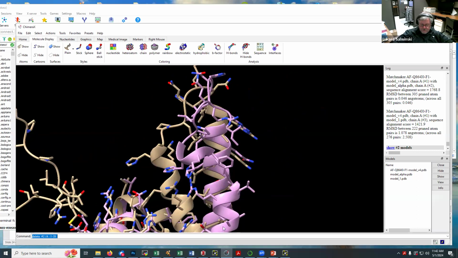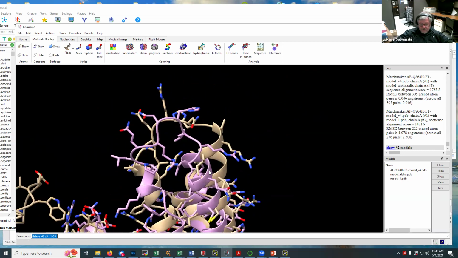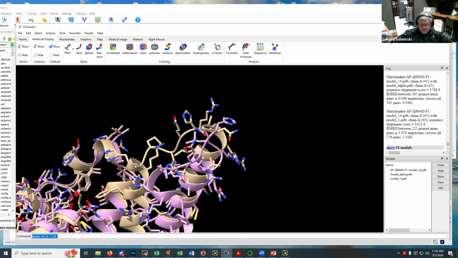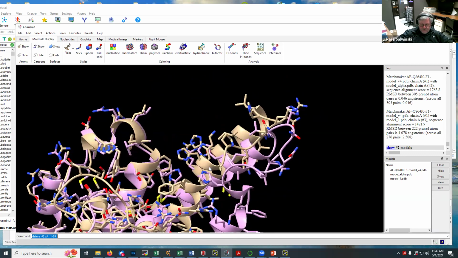This is the AlphaFold prediction. This is our homology model coming from Swiss-Model. So you see there are differences there, and those things might matter if you're trying to interpret your experiments based on a predicted structure.